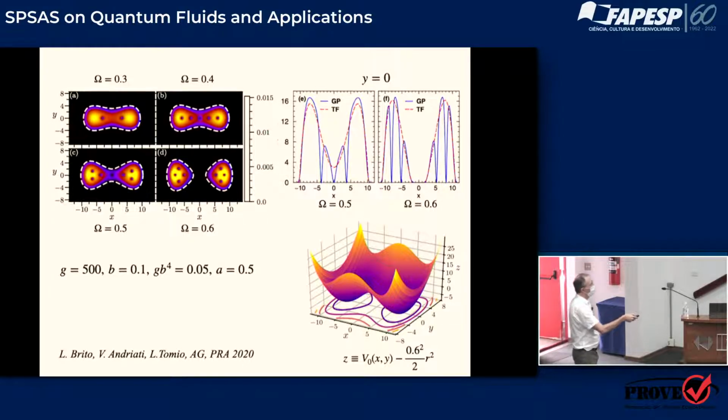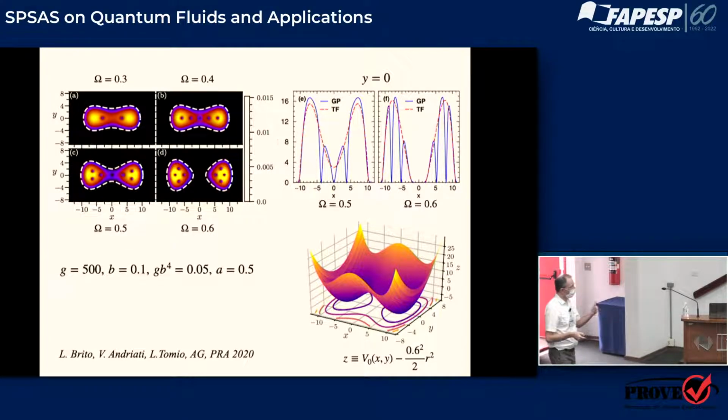And here I show at y equals 0 a comparison between full numerics of the Gross-Pitaevskii equation and the Thomas-Fermi approximation. You see how nicely the contours around y equals 0 match for omega 0.5 and omega 0.6.